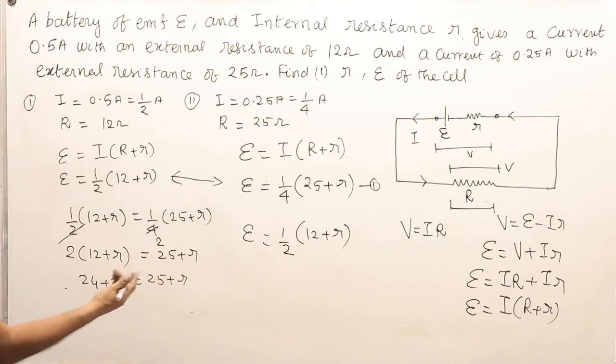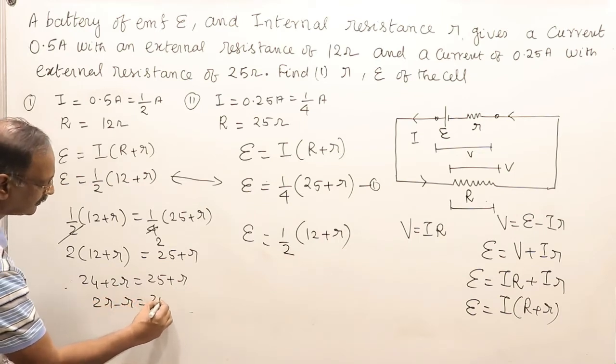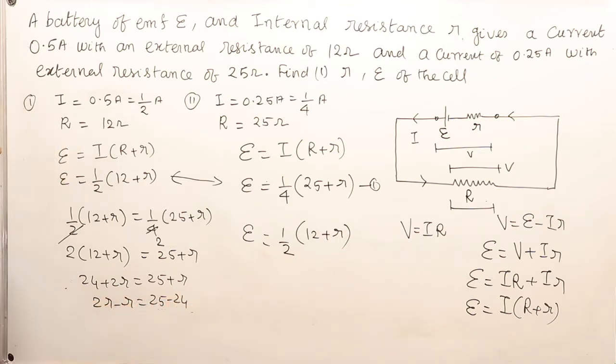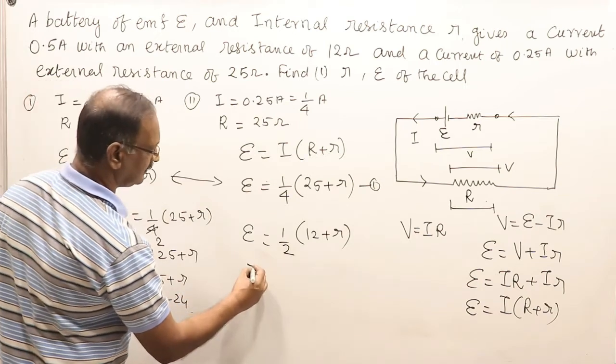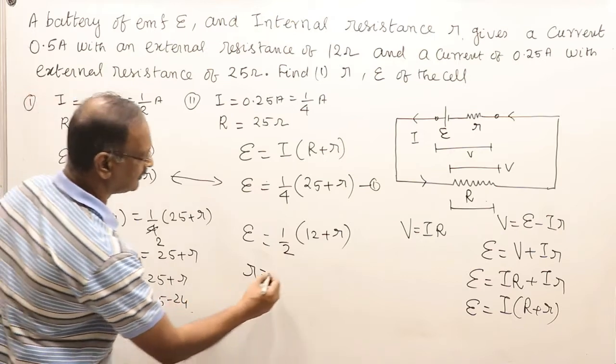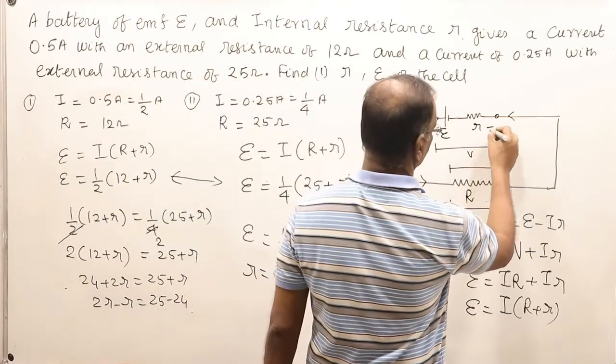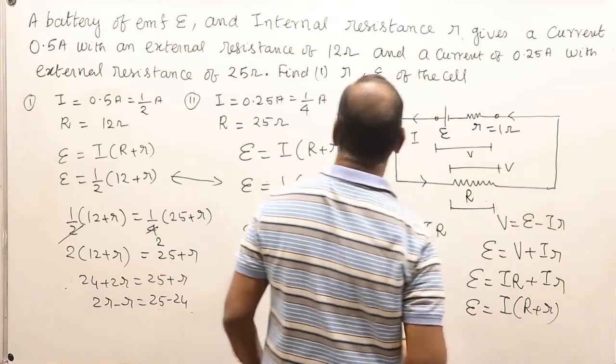Taking this one, 2r minus r is equal to 25 minus 24, that is, internal resistance r is equal to 1 ohm. So we have found r is equal to 1 ohm, the internal resistance.